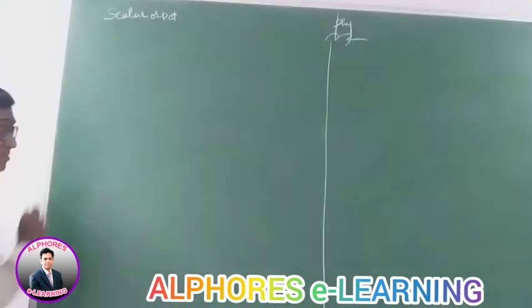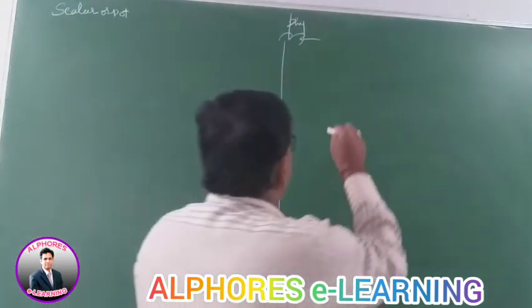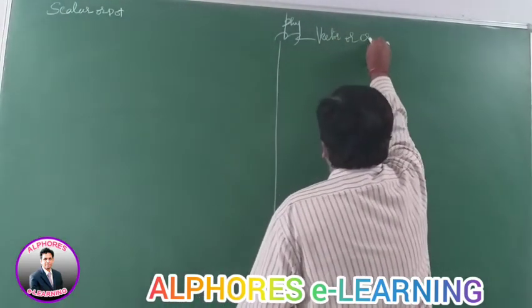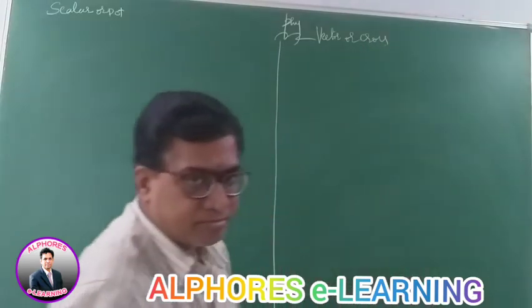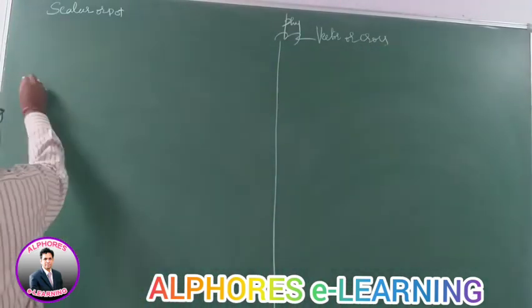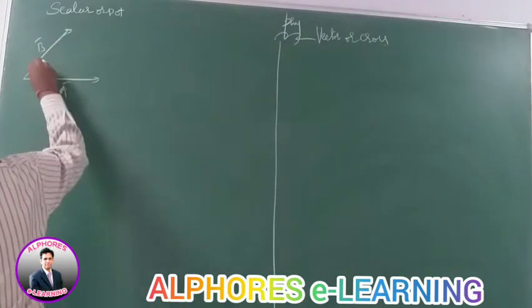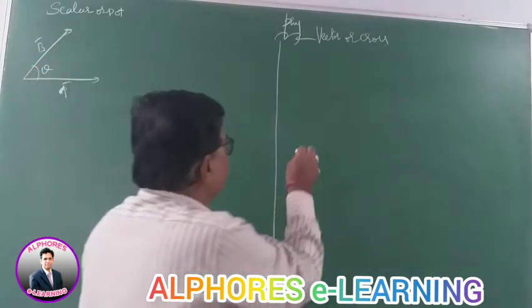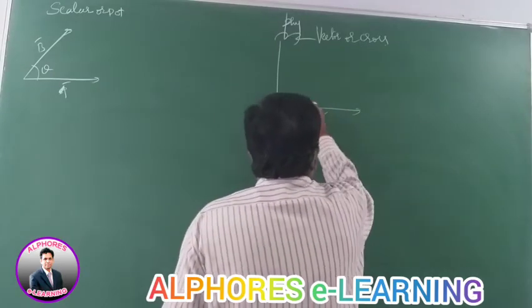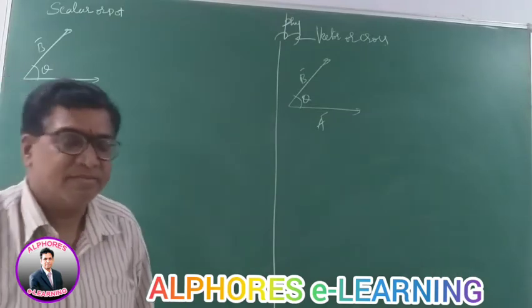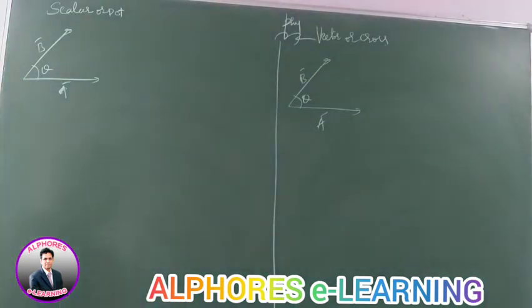Well, here we will talk about vector product or cross product. Suppose there are two vectors, this is a bar and this is b bar, then angle theta. Here also the same, there is a bar and this is b bar.